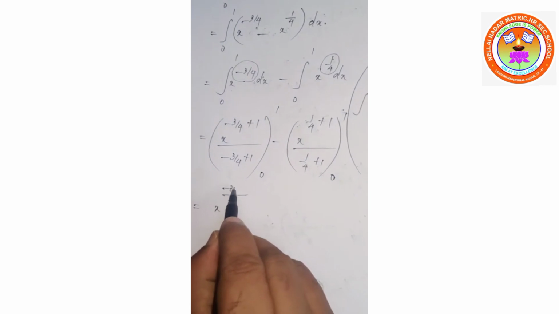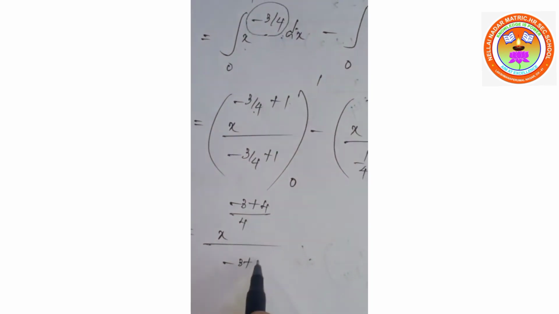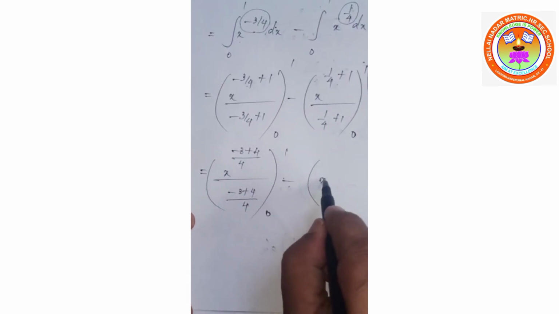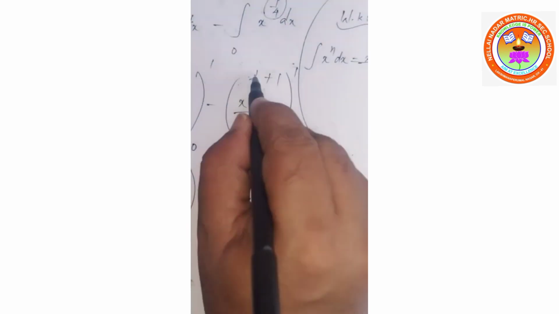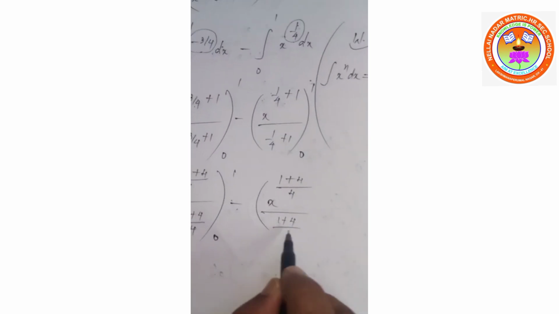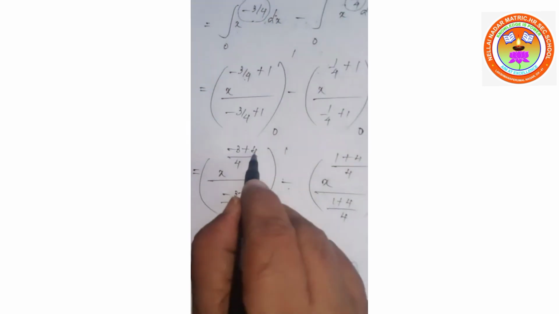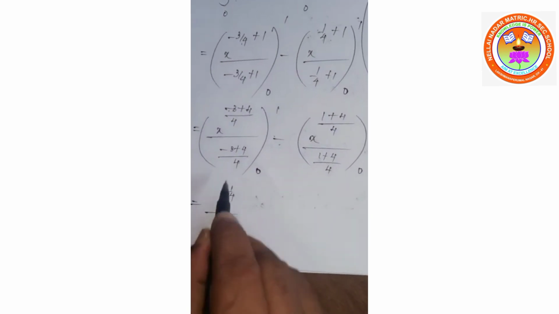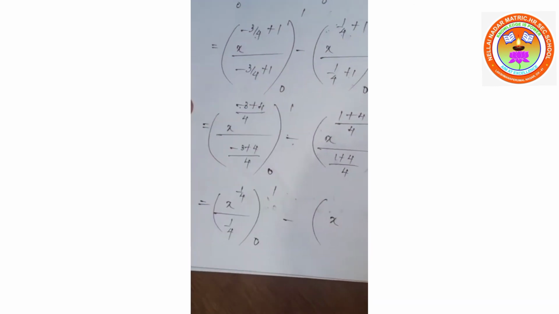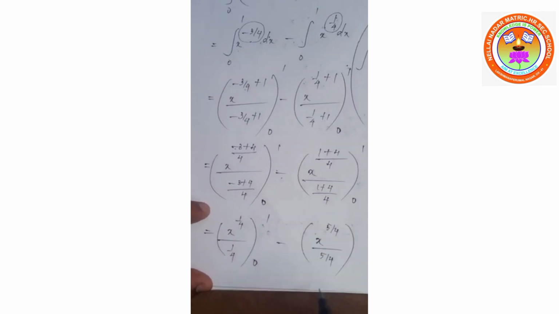So minus 3 write as it is plus 4 ones are 4 divided by the same minus 3 plus 4 divided by 4, limit 0 to 1, minus x, again 4 is the LCM, 1 plus 4 ones are 4 divided by 1 plus 4 divided by 4, limit 0 to 1, equals x power 4 minus 3 equals 1 by 4, denominator also 1 by 4, limit 0 to 1, minus x power 1 plus 4 equals 5 by 4 divided by 5 by 4, limit 0 to 1.